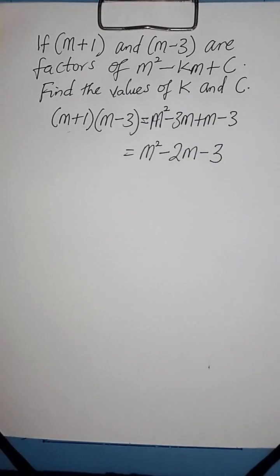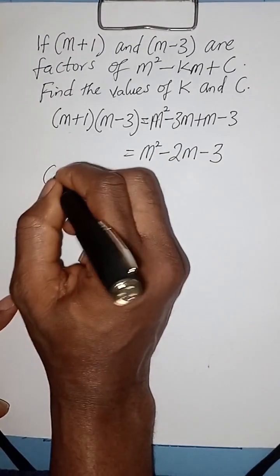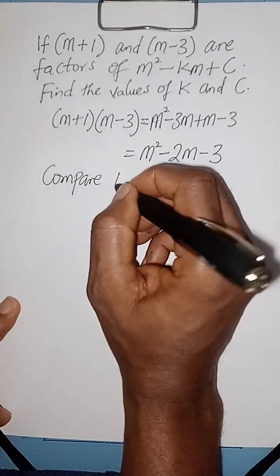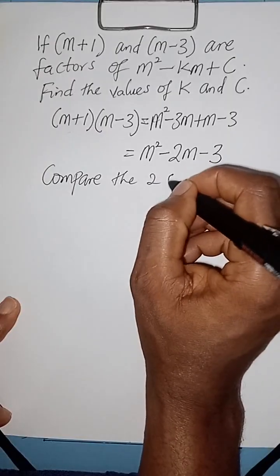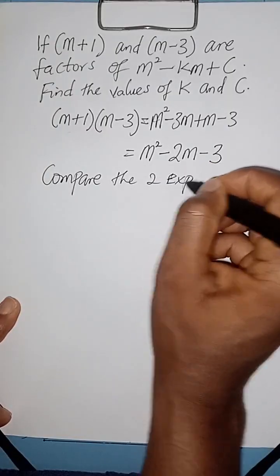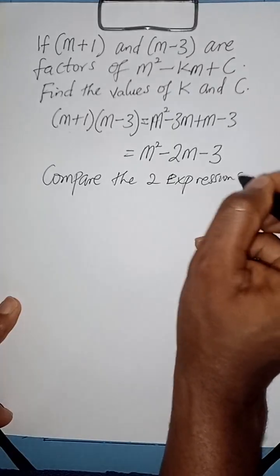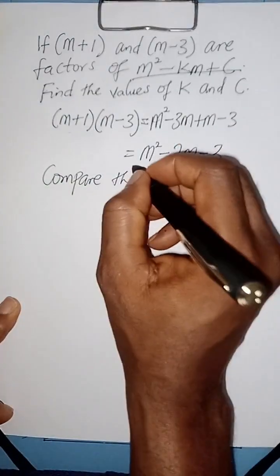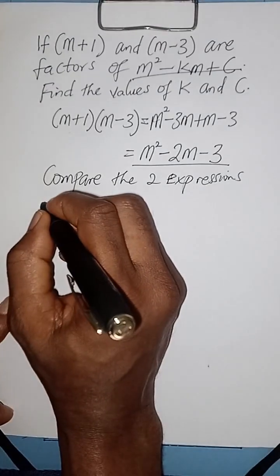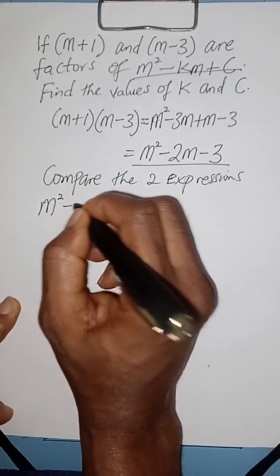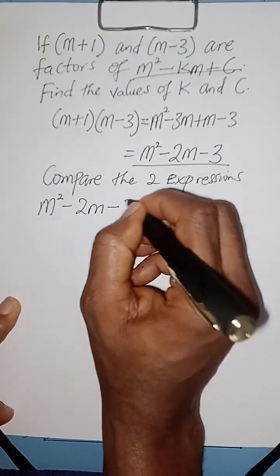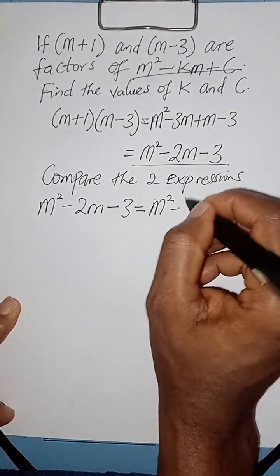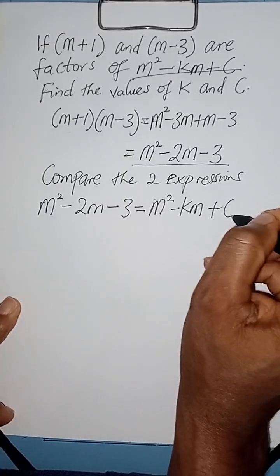It is to get a value for k and c. See, if you compare the two expressions, what are the two expressions now? This, which is given in the question, and this. In other words, m squared minus 2m minus 3 is the same as m squared minus km plus c.